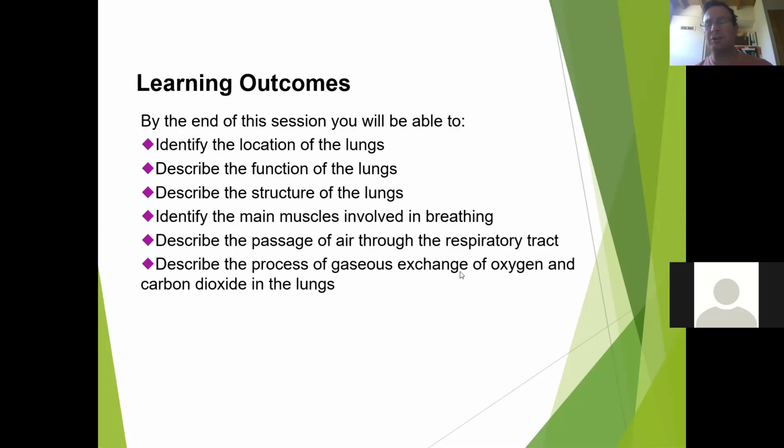We talked about the main function of the lungs. Ultimately it's about bringing oxygen in and getting carbon dioxide out, which is to a large extent equally as important. If carbon dioxide is allowed to accumulate in our body, our blood becomes quite acidic, and when our blood's acidic, it makes lots of essential processes very difficult.